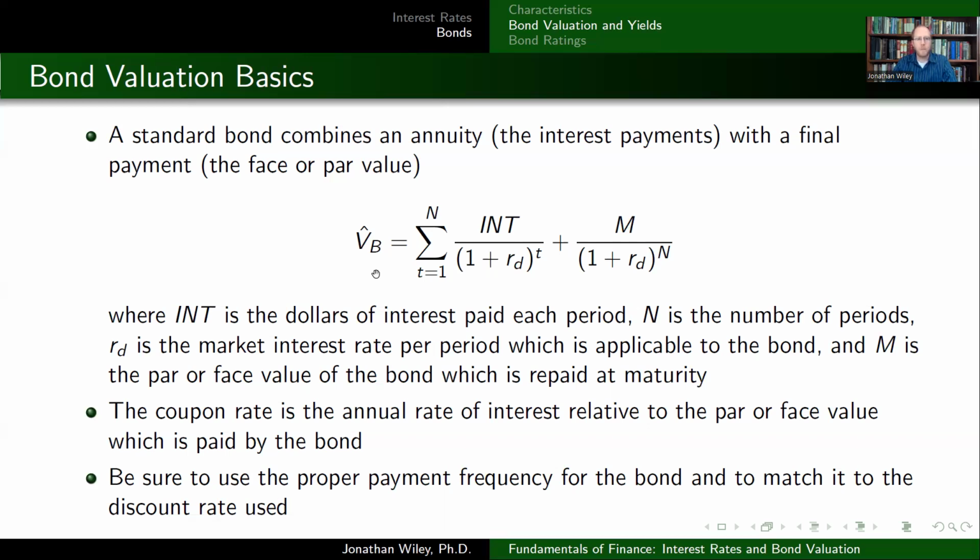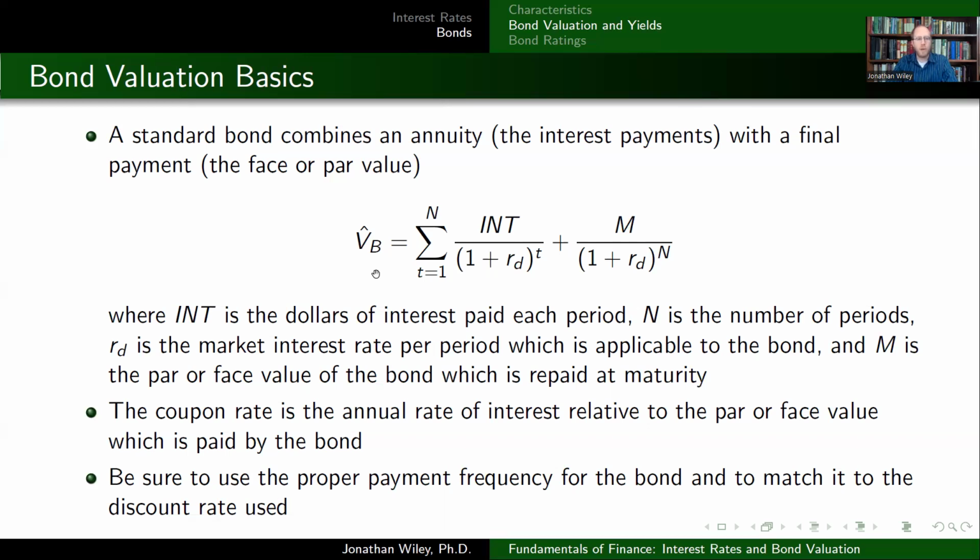Also, if the coupon rate was 10% per year, then since there are 2 periods per year, I'm going to take 10% and divide it by 2 to find out that it's 5% for each half of the year. So the coupon rate is going to be 5% per half year.